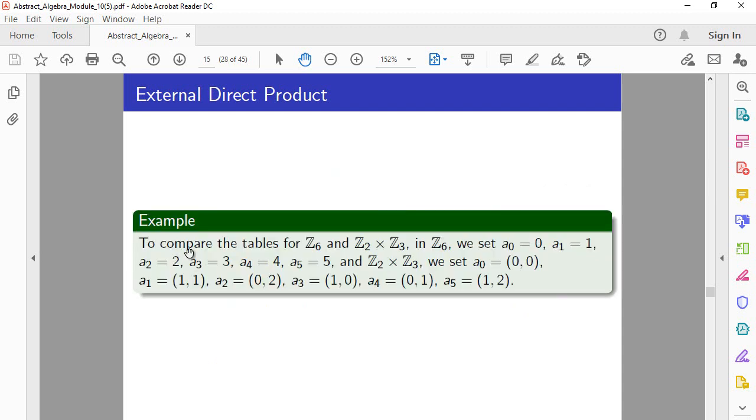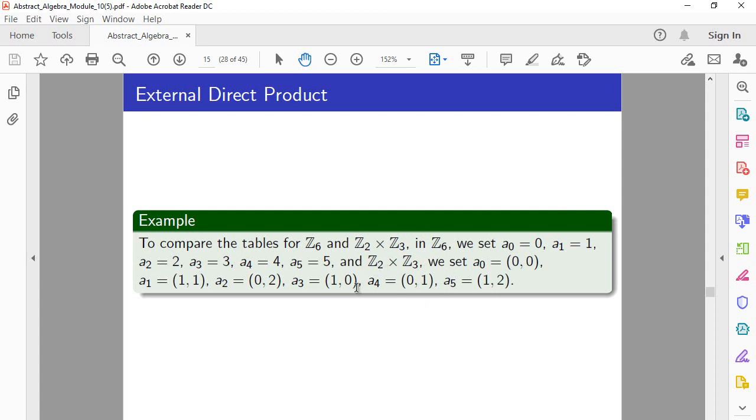So we are setting A0 equal to 0, A1 equal to 1, A2 equal to 2, A5 equal to 5 in the group Z6. And in the external direct product here, we are setting A0 to 0, 0, A1 to 1, 1, A2 to 0, 2, and so on. So we are mapping these elements of these two groups to the set of 6 elements A0 to A5.